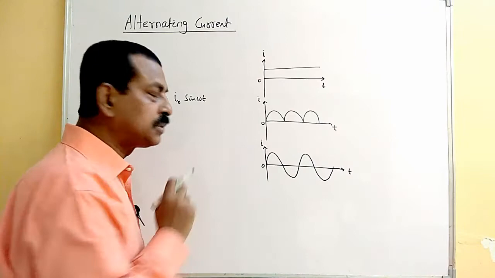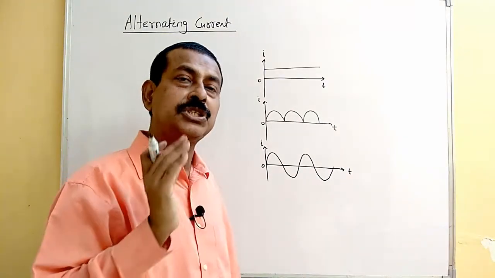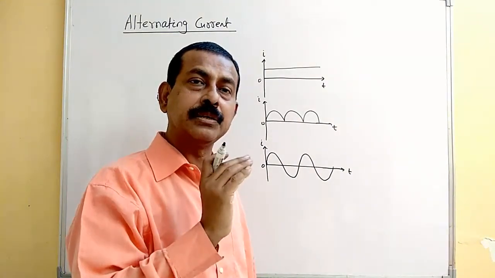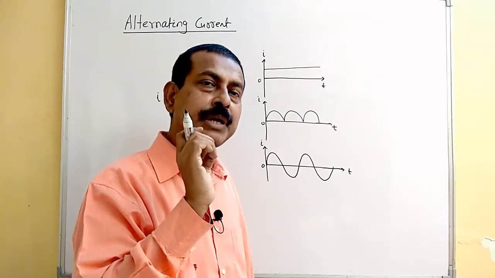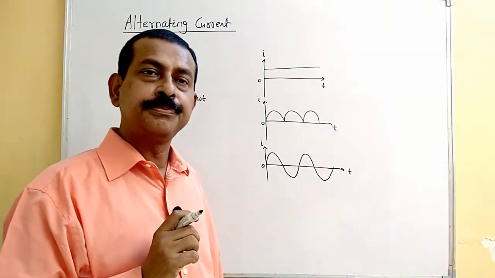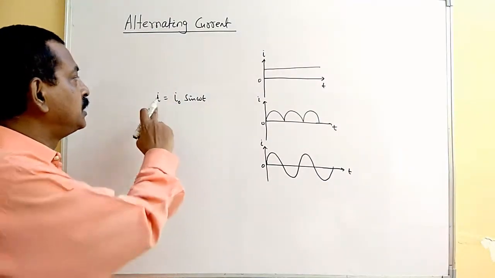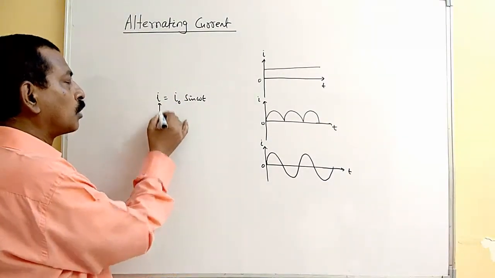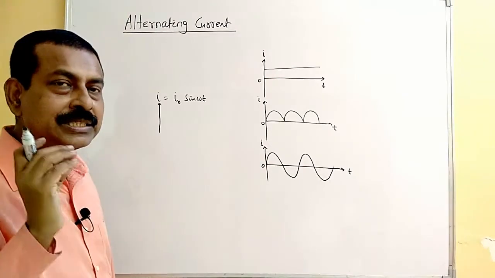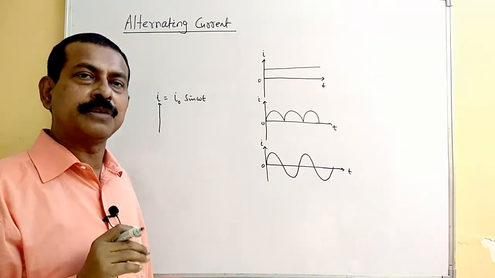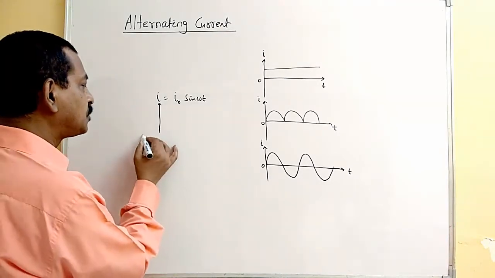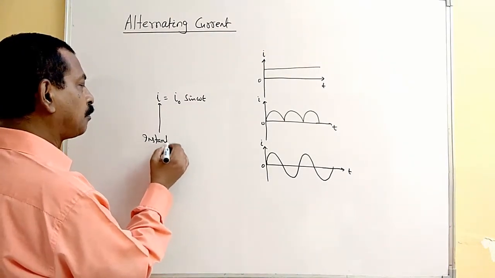Now, since we have said that alternating current is one which is changing its magnitude and direction periodically with time, it means at different instants of time it will have a different value. So that is why this I is the current which is called the instantaneous current. It will give you the value of the current at that particular instant of time.